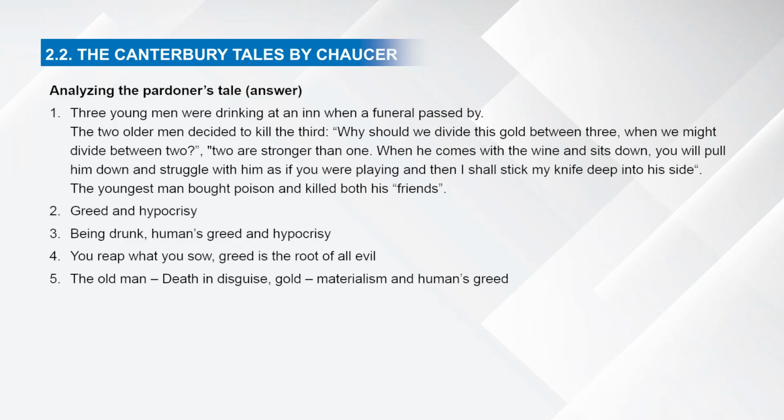When he comes with the wine and sits down, you will pull him down and struggle with him as if you were playing, and then I shall stick my knife deep into his side." One more detail is that the youngest man bought poison and killed both his friends.